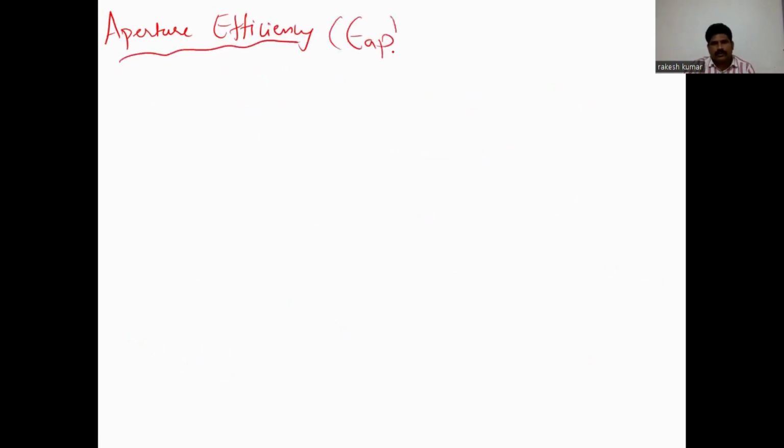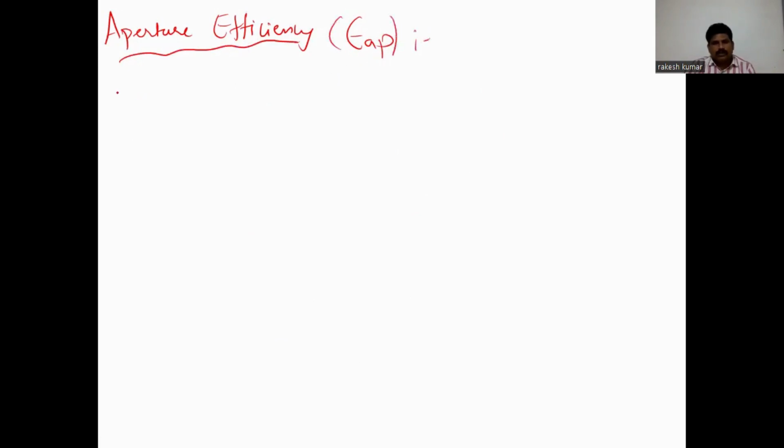So we will discuss another parameter called aperture efficiency, with epsilon denoting aperture efficiency.